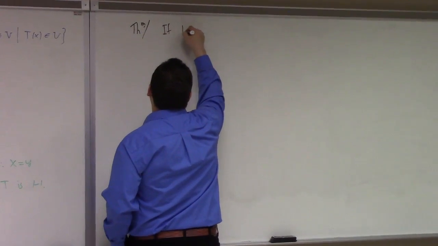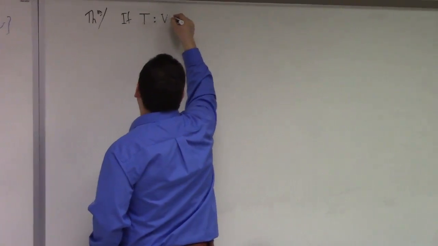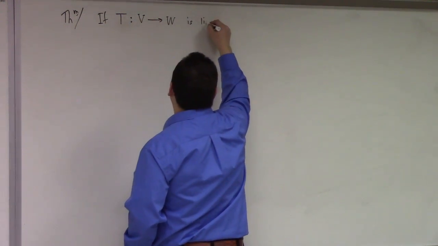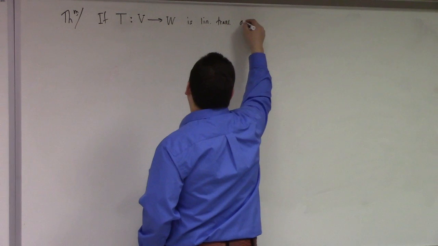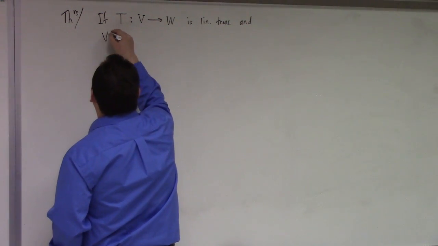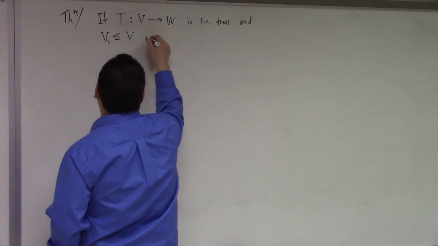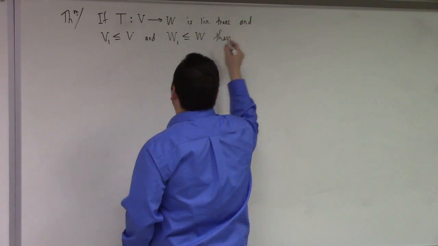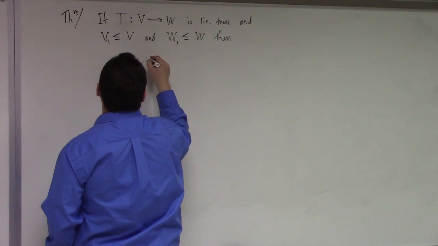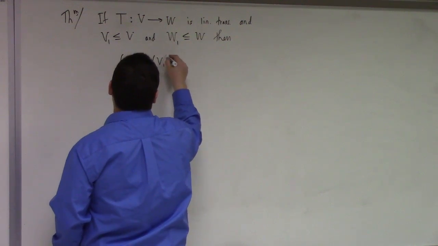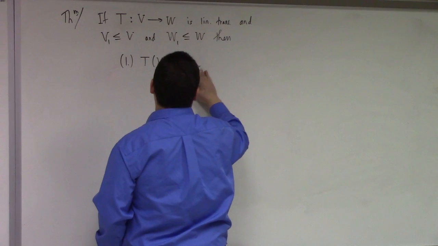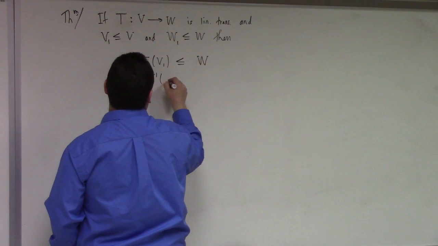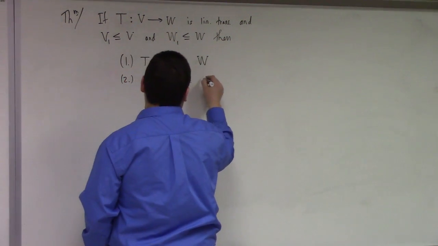If we have T, a linear transformation from V to W, where V and W, again, are vector spaces over a field, and if we have subspaces, V1 a subspace of V, and let's say W1 is a subspace of W, then 1, T of V1 is a subspace of W. And 2, the inverse image of W1 is a subspace of V.